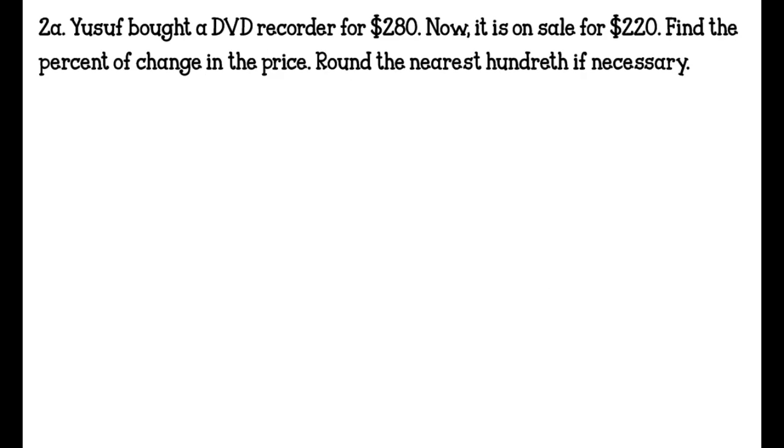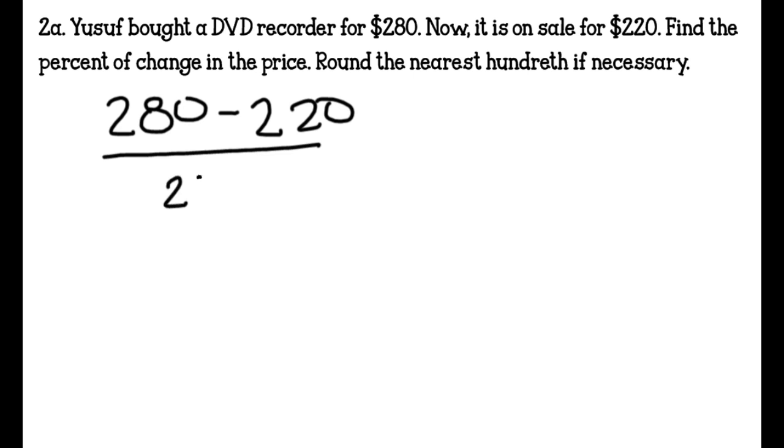Yusuf, or something like that, I'm not sure if I'm saying that right, bought a DVD recorder for $280. Now it is on sale for $220. Find the percent of change in the price. Round to the nearest hundredth if necessary. So I'm going to take the original and I'm going to subtract the new and I'm going to divide by the original.